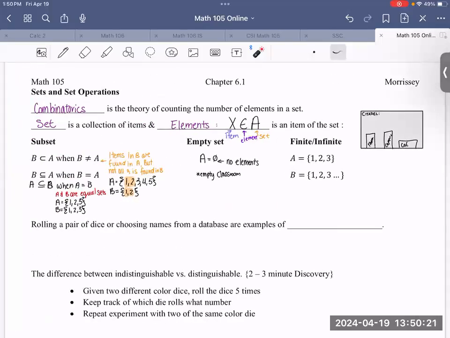Now for a couple more quick examples, let's say we're rolling a pair of dice or choosing names from databases. Both of these are sets of outcomes.